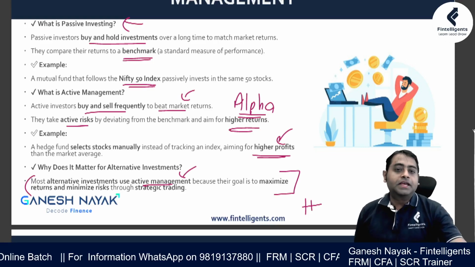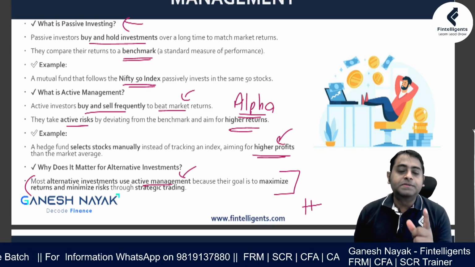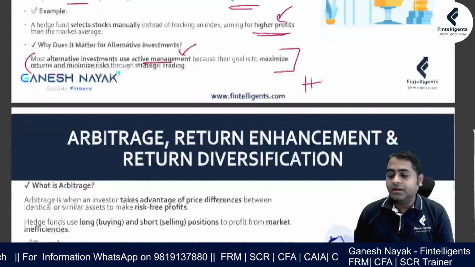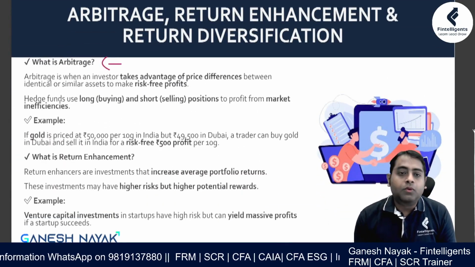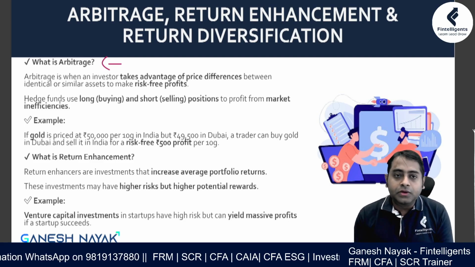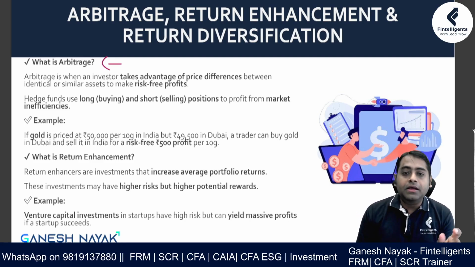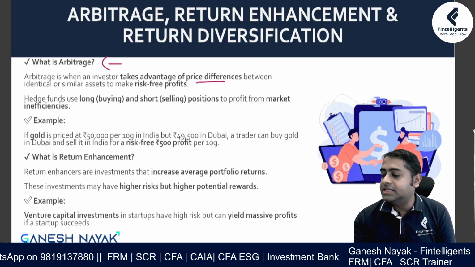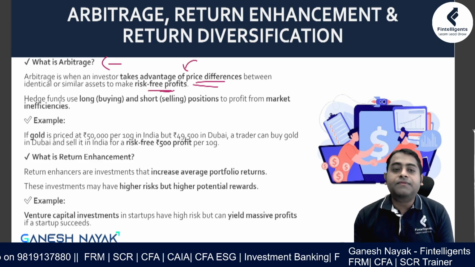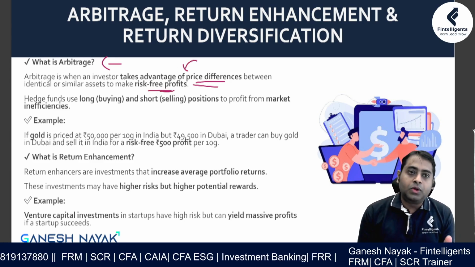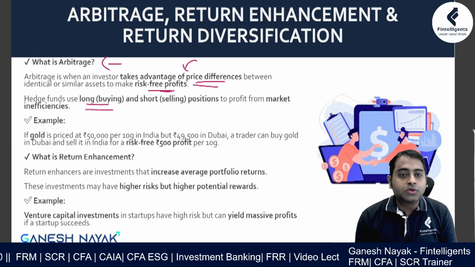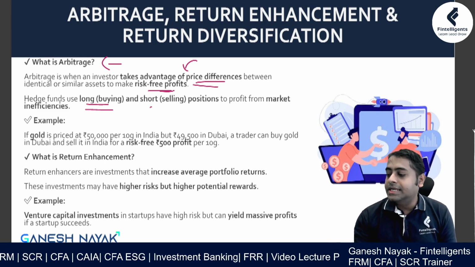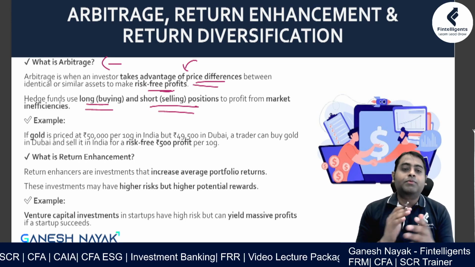I hope everybody has been able to read till this point, the difference between passive investing and active investing. Look at this example of arbitrage. What does the arbitrager generally do? He will try to find the difference between the price of an asset in two different markets. At one location he's going to buy, at another location he's going to sell, and he wants to make profit from that.